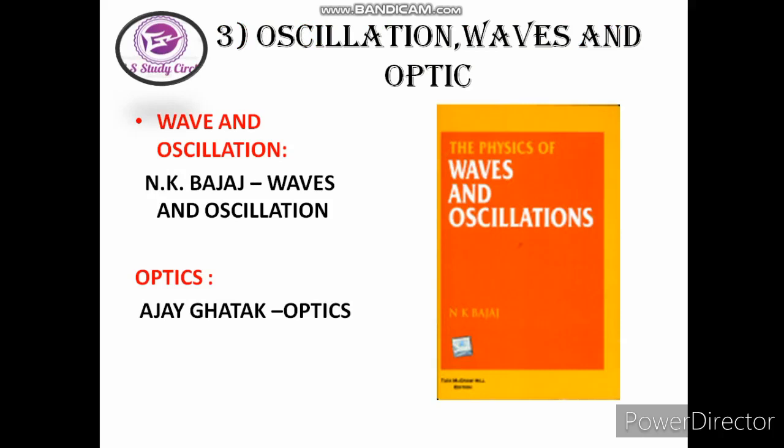Third one is oscillations, waves and optics. Oscillations, waves and optics consist of simple harmonic oscillators, their general equation, wave equation, group velocity, phase velocity, Doppler effect, Fermat's principle, and any other topics that you can easily see in your IIT-JAM syllabus. For waves and oscillations, I suggest the book by N.K. Bajaj, The Physics of Waves and Oscillations.